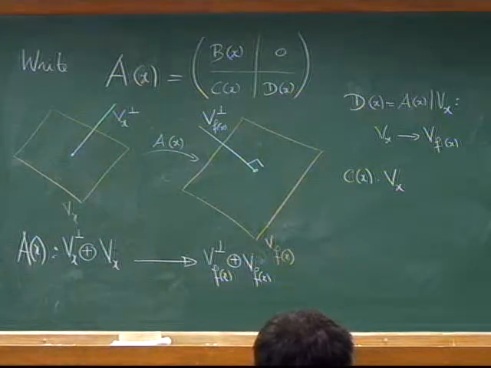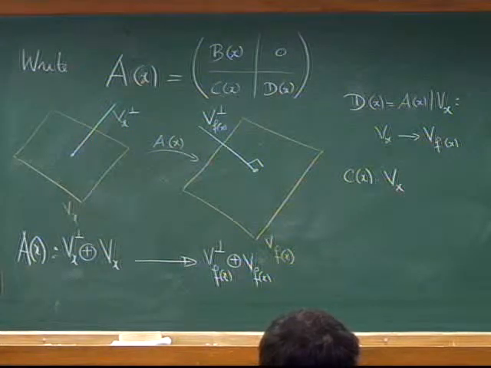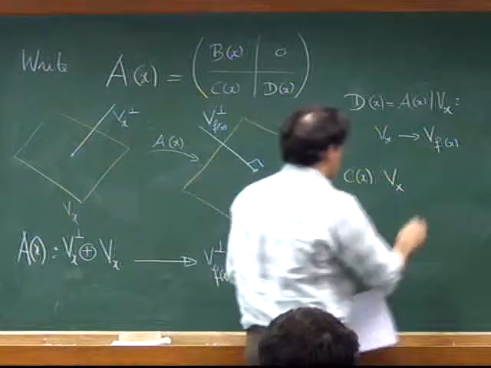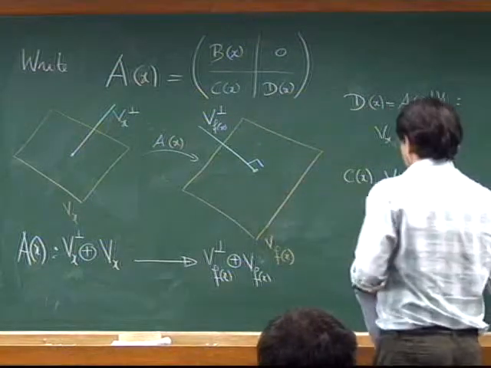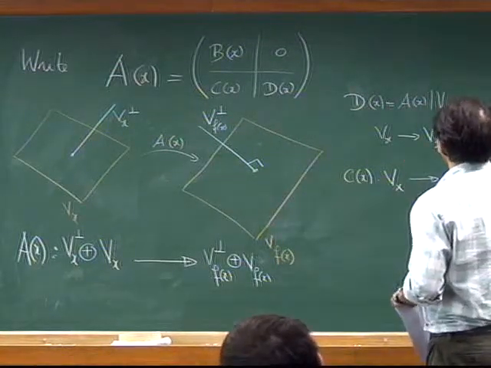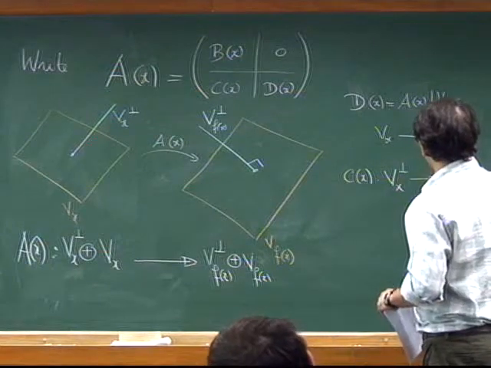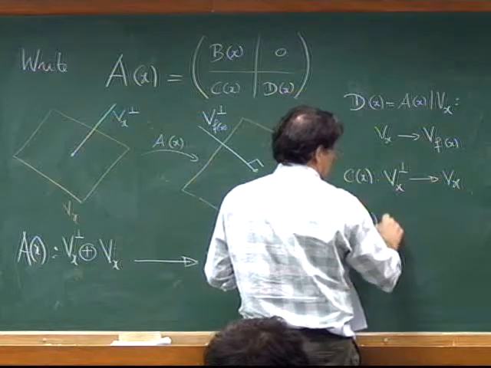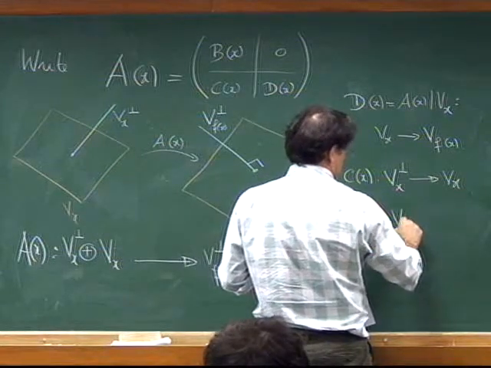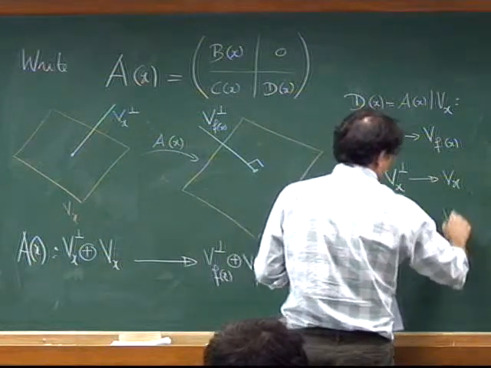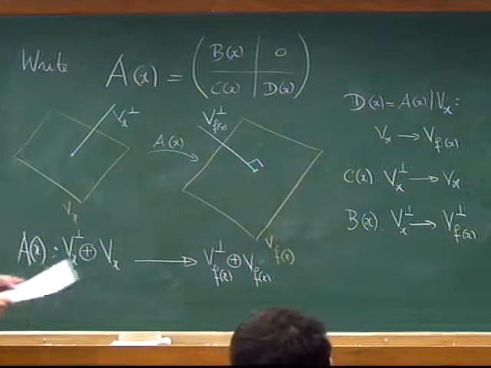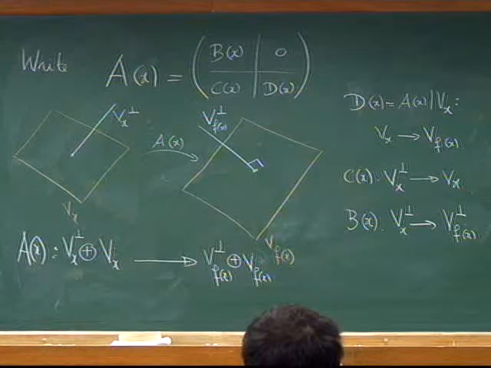I prefer to write it this way. So D goes from Vx to V f of x. C from Vx orthogonal to Vx. And B from Vx orthogonal to V f of x orthogonal. Okay?